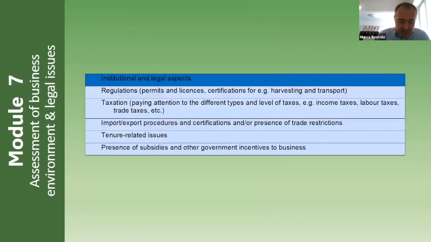Module 7 helps you organize information about your business environment and legal issues. Things like regulations, taxations, trade restrictions, prevalence of illegal activities in your area, whether there are incentives or disincentives. These are also very important.